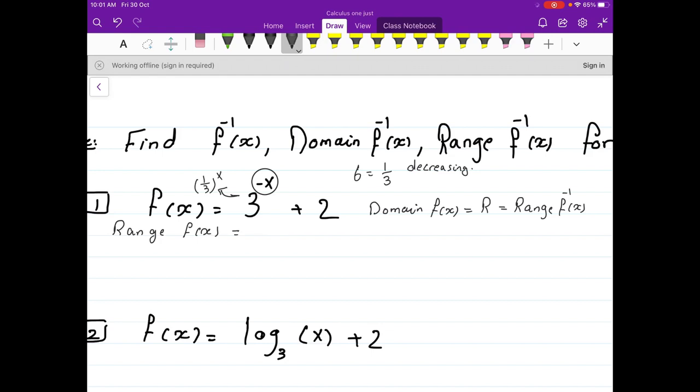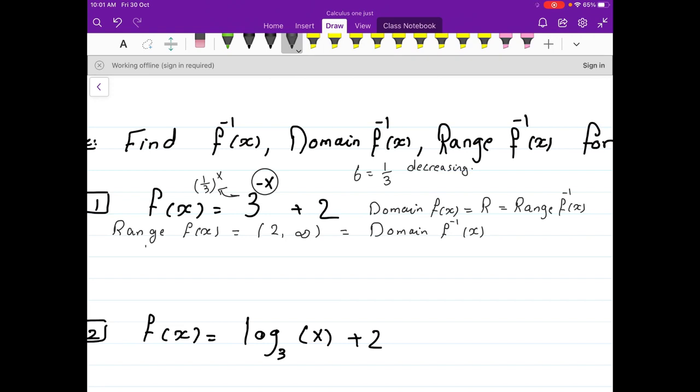We know the range of b to the power x is from 0 to infinity. So plus 2, the range of f of x is from 2 to infinity. And it is the same for the domain of f inverse. Now, if you can't find the range directly, you can find the inverse. And the domain of f inverse will be the range of f of x.